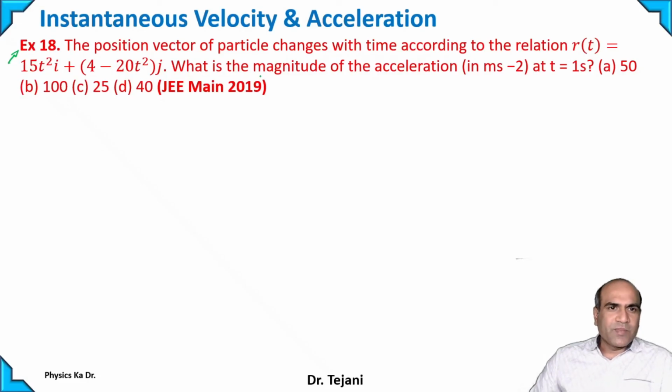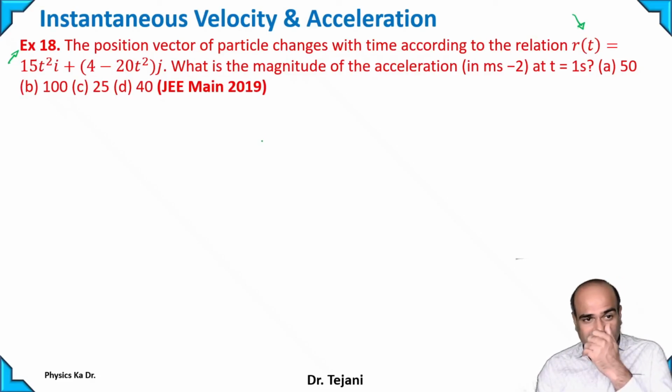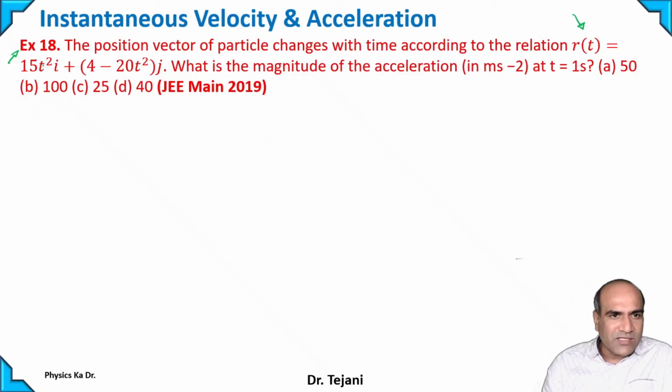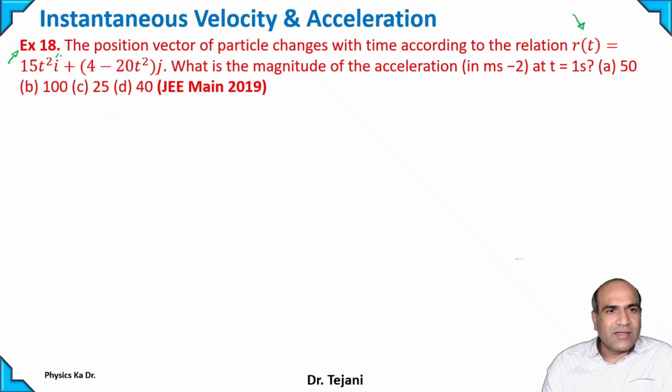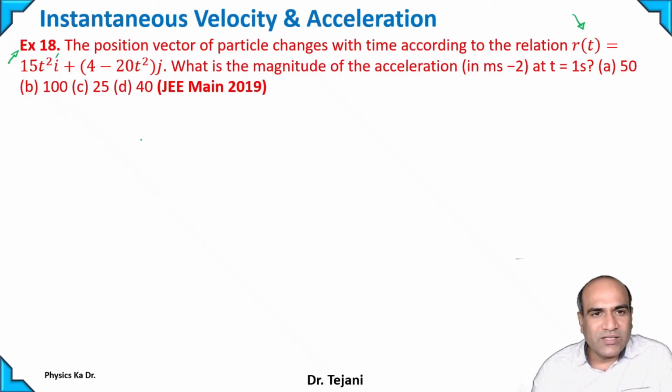What is given here? The position vector of a particle changes with time. That is the story. It is given here: r of t is equal to 15t square i plus 4 minus 20t square j.